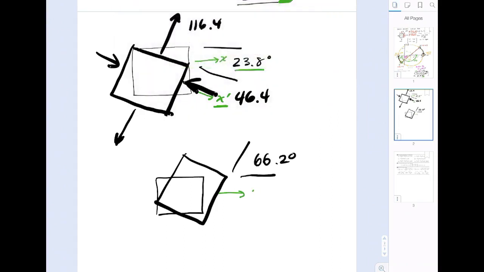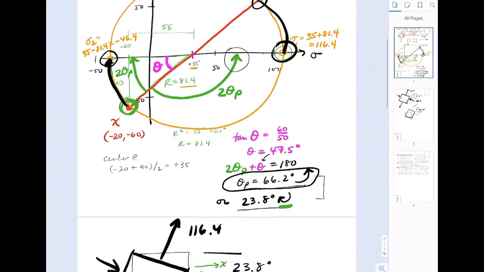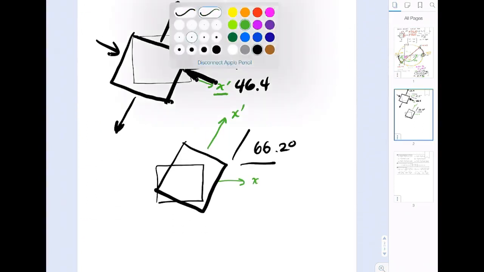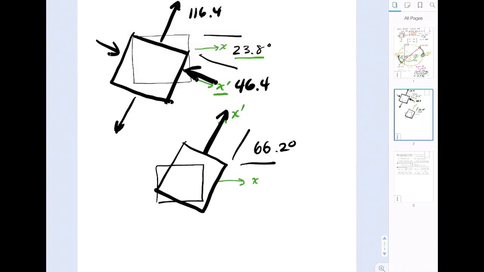And so the original x-axis is now sitting up right there. And on the x prime axis would be sigma 1. So I would have the big tensile stress, 116.4. And on the y prime, we would have 46.4. So you get the same answer.